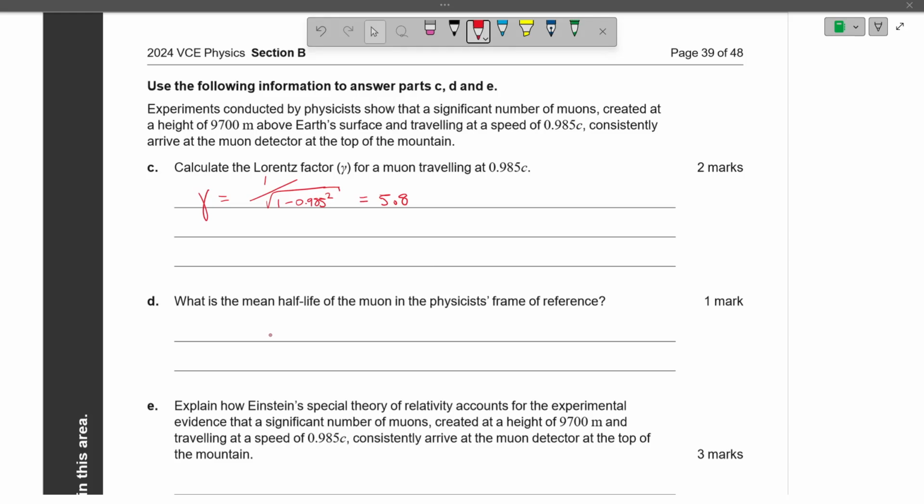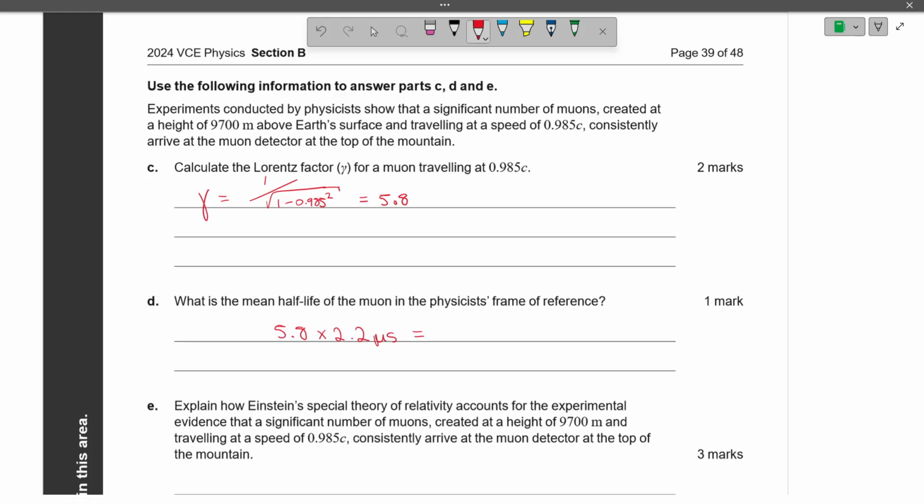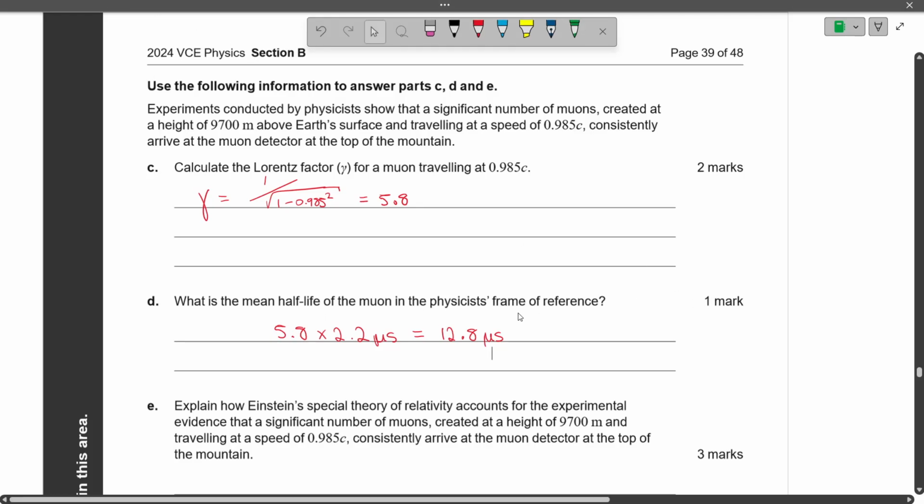So we would just do 5.8 times 2.2 microseconds, and I'm getting 12.8 microseconds. There's also no box to put the answer in, but I don't think that's neither here nor there. I think this was maybe a poorly chosen and poorly phrased question. So I think everyone just got a mark for that. But it doesn't really matter.